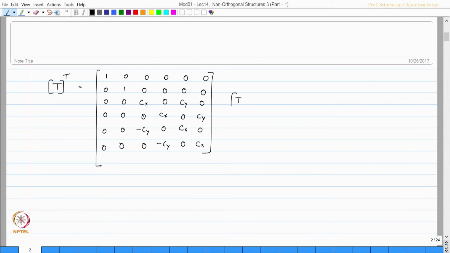And the T matrix, that is the transformation matrix, is also known to us, which is an interchange of these rows and columns.